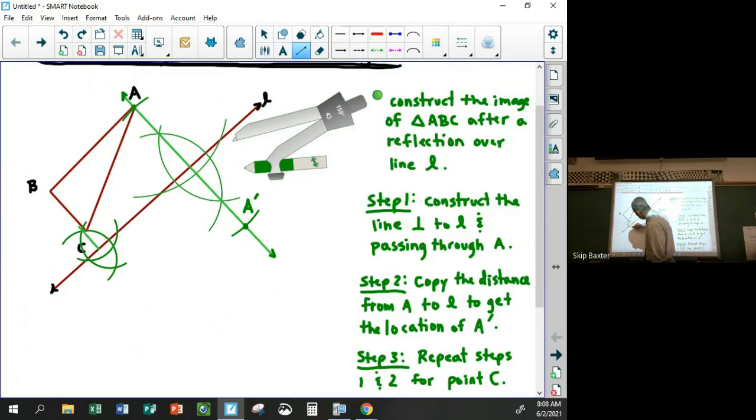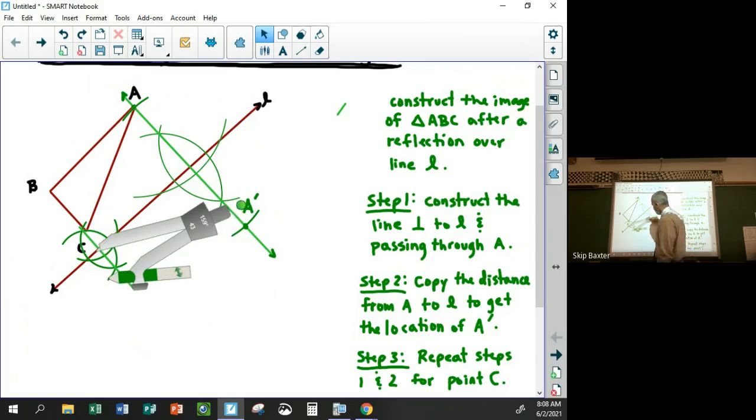But generally, make sure it doesn't look too horrible, or it's not right. Remember, constructions are drawn to scale. So if yours looks bad, then it's probably not right. All right, then I'm going to copy this distance again.